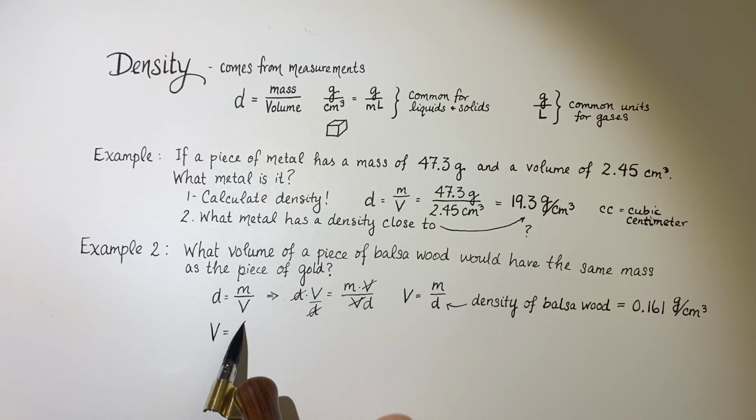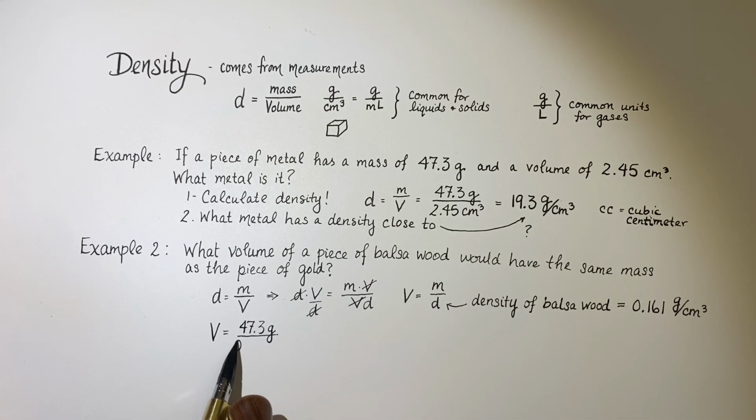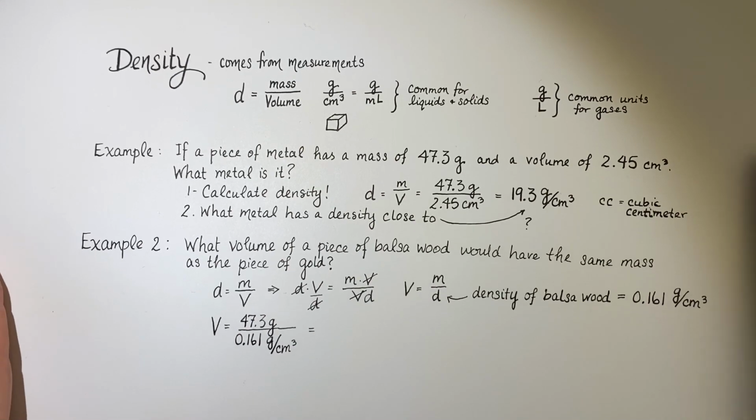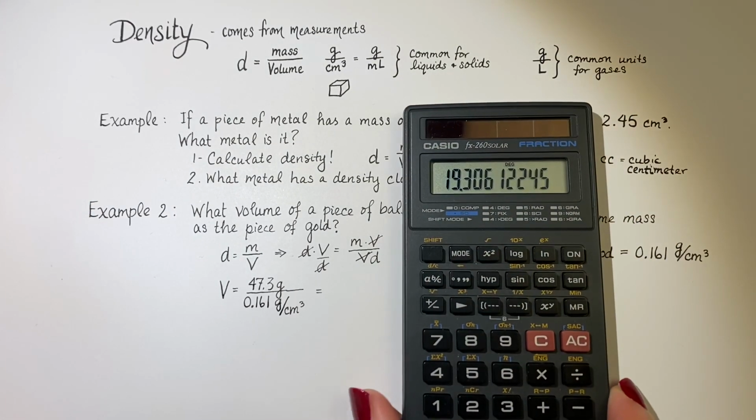So we're going to say, alright, if it's 47.3 grams, we know the density is 0.161 grams per cubic centimeter. What volume is that? Alright, so let's take a look. Let's do this calculation.